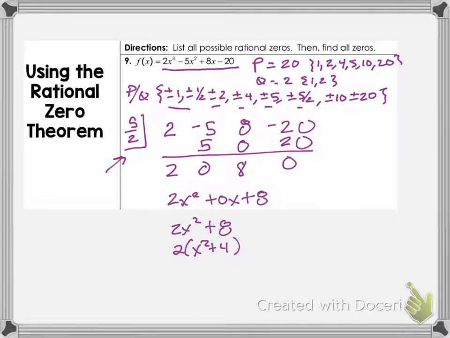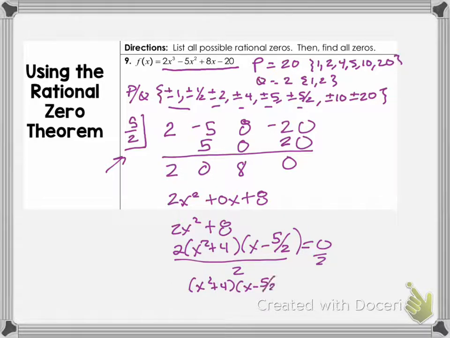And then we had x minus 5/2, right? So setting that equal to 0, the 2 will go away because it just doesn't have a variable on the outside. It's just like dividing everything by 2. So you still get x squared plus 4 times x minus 5/2 equals 0.